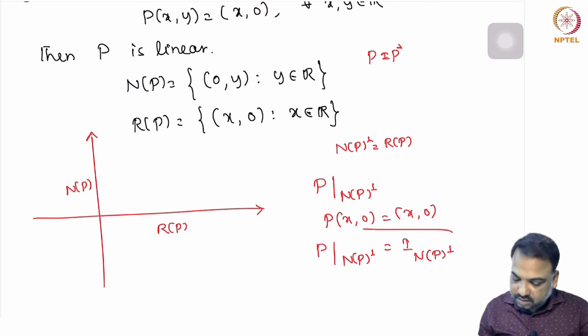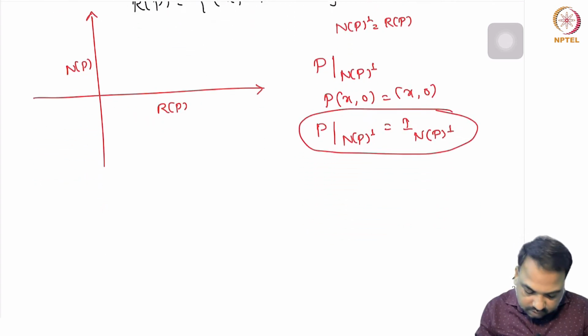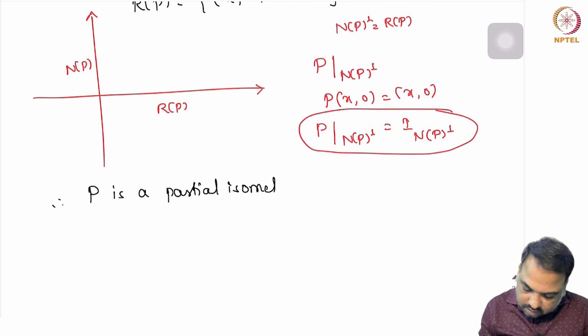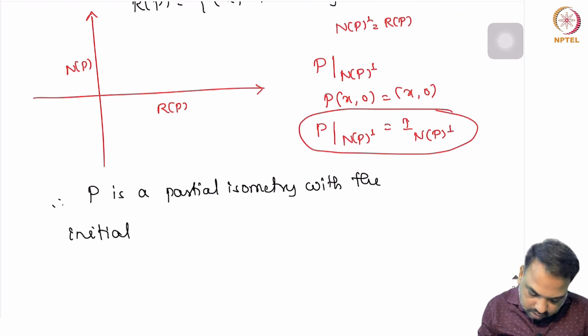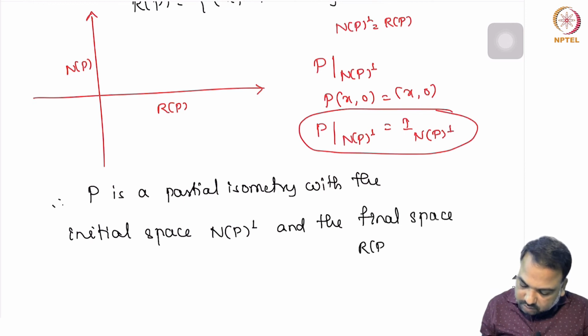Hence since this is an isometry, we can say that P is a partial isometry with the initial space null space of P perp and the final space, that is range of P, again equal to null space of P perp.